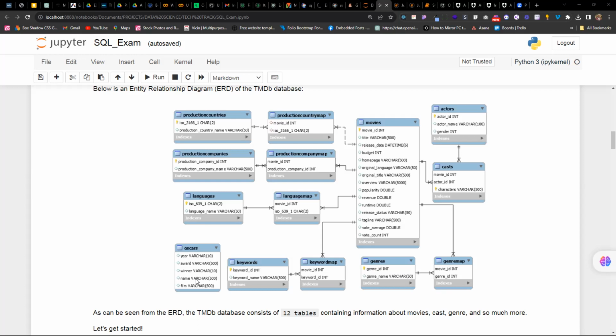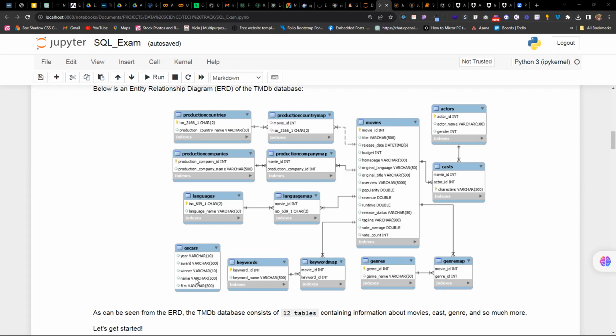I'm not sure. If I'm getting you clearly, you are saying we are connecting these four tables: keyword map, genre, keywords, and the genre map, right? Yes. I know you know the join, but how are they going to be connected? What's the connecting point? That's what I'm particular about.